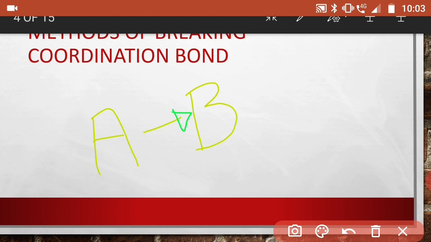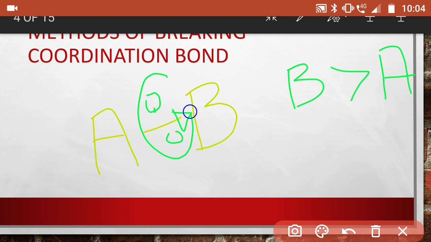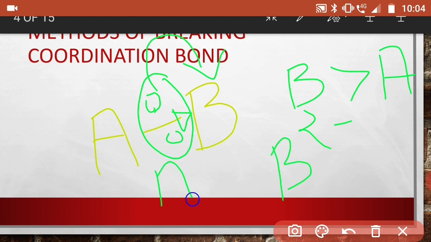Now there are two electrons between them, and we assume that B is more electronegative than A. If B is more electronegative, then this pair will shift towards B, and B will become 2 negative and A will become 2 positive. Okay, so by this method we can break a coordinate bond.